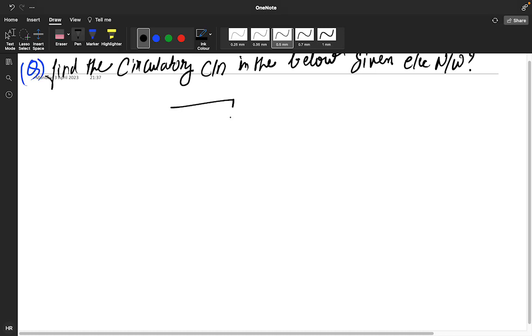So this is your network, means you have an ideal tank circuit, and in the ideal tank circuit you need to find the circulatory current. So how you will do it? In ideal tank circuit you need to find this circulatory current.